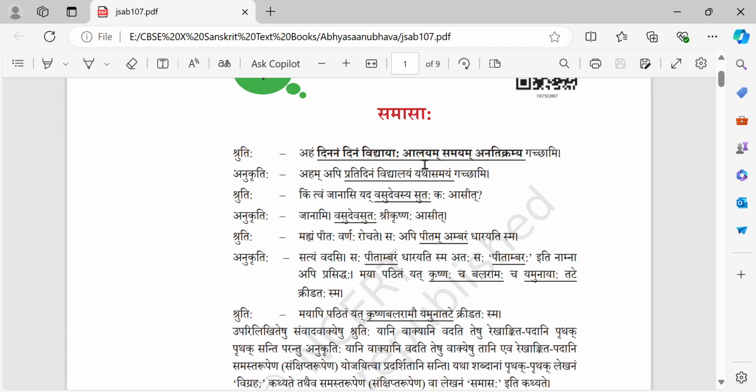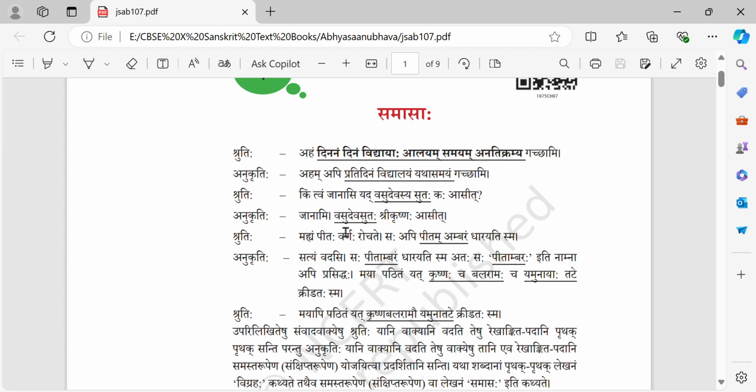Vidyayaha alayam has been changed to vidyalayam. Samayam anatikramya got changed to yatha samayam. So the same pratidinam can be written as dinam dinam. Vidyalayam can be written as vidyayaha alayam. Yatha samayam can be written as samayam anatikramya.